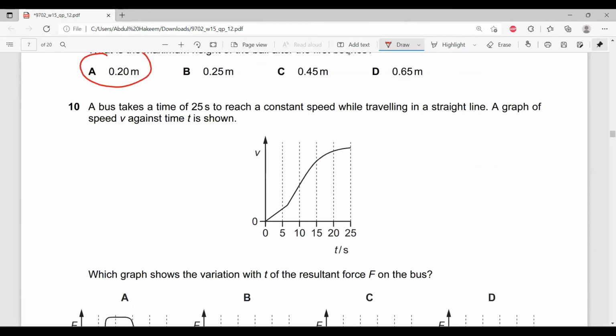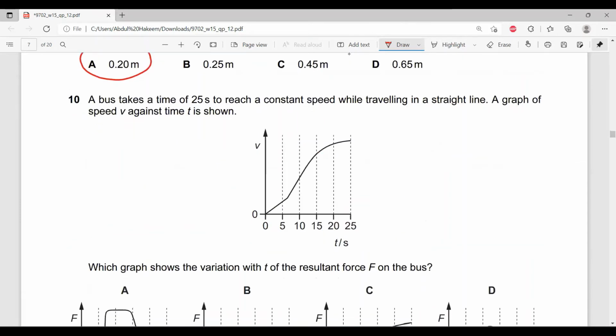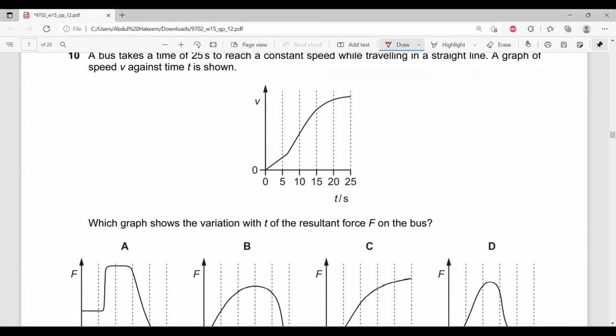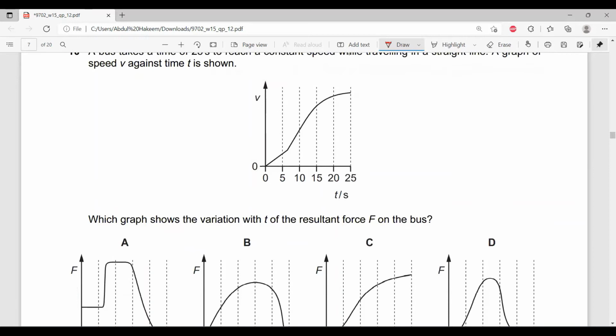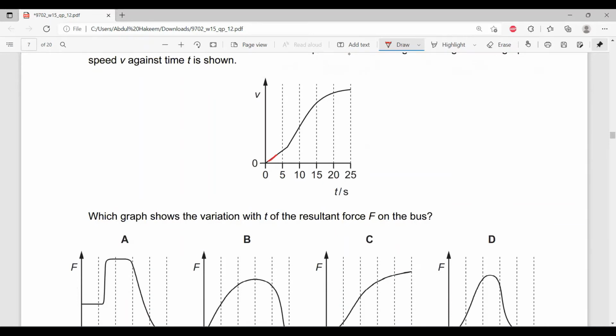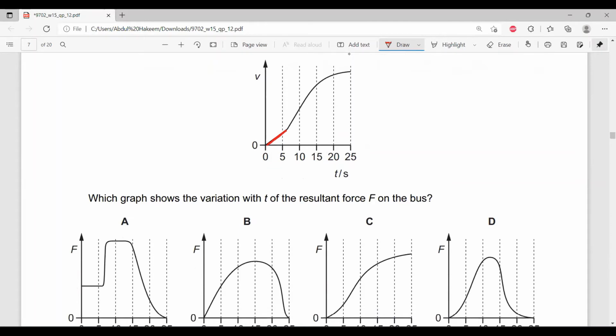Question number 10 is, a bus takes a time of 25 seconds to reach the constant velocity while traveling in a straight line. The graph of the speed v against t is given. So this is v and t graph. Look here, the gradient is constant, and the gradient is acceleration, and acceleration is directly proportional to force.